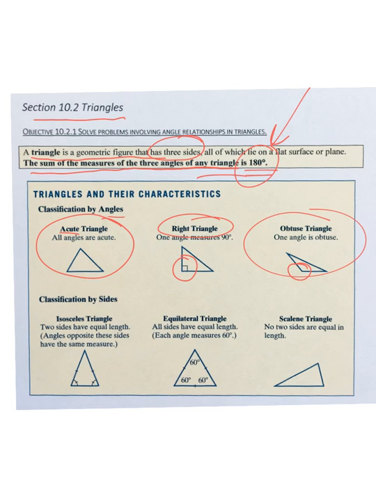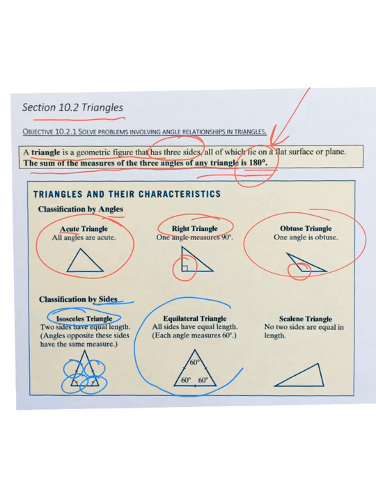Looking at the classification by sides, if two of the sides have the same exact length, it's an isosceles triangle. Notice that in addition to two sides being equal, the angles opposite of those sides are also equal in an isosceles triangle.